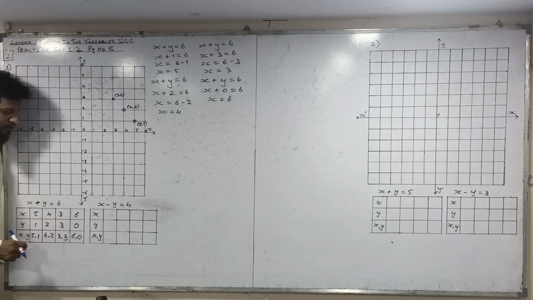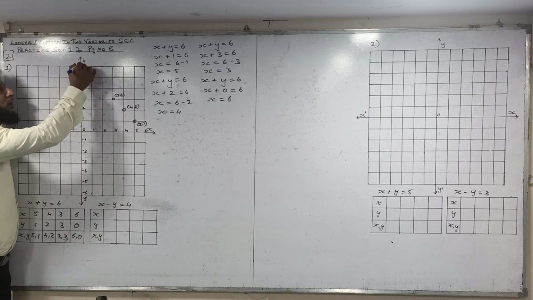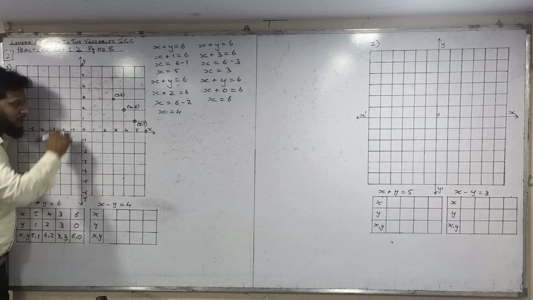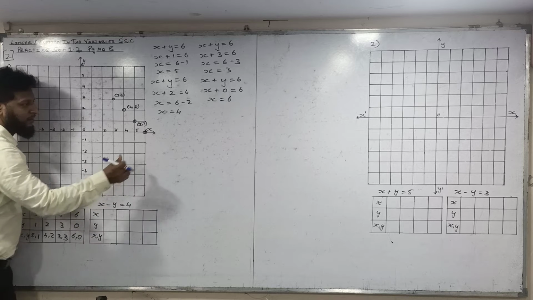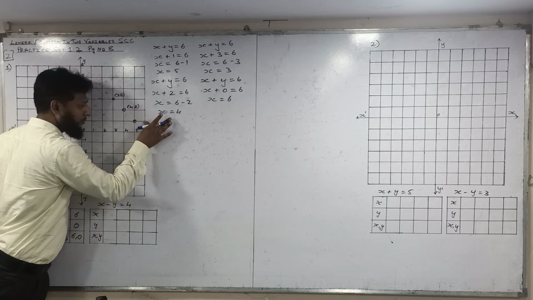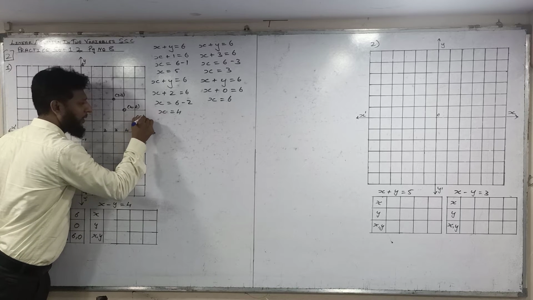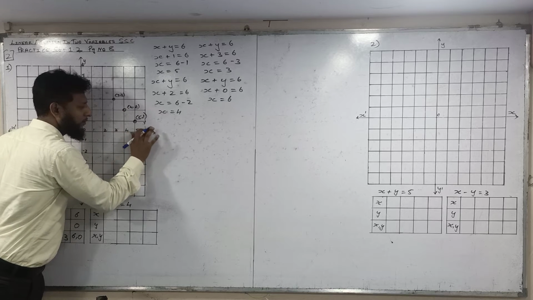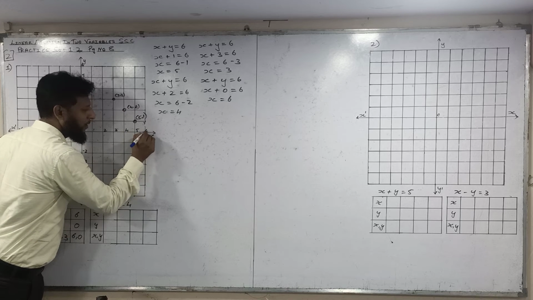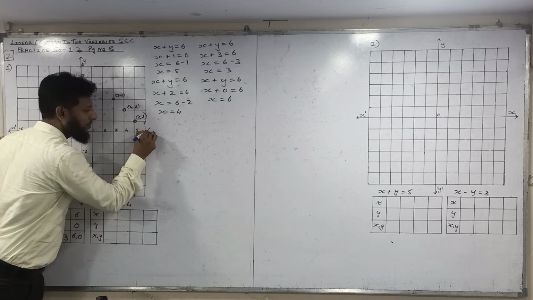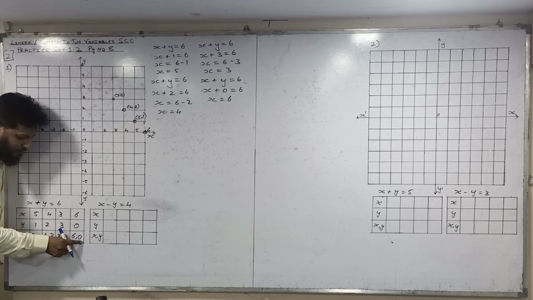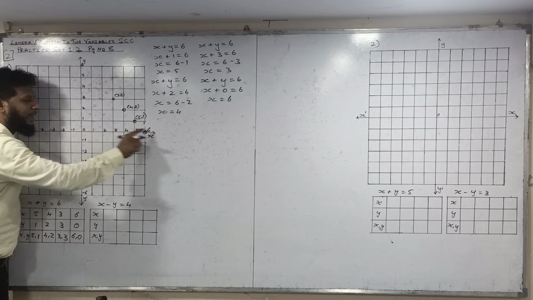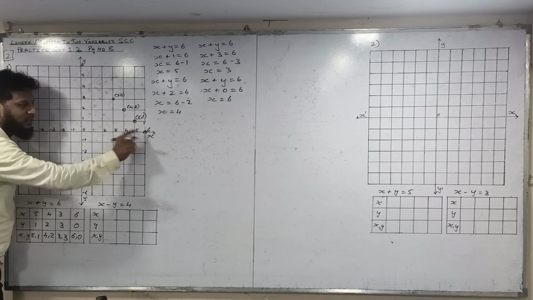If y value is 0, directly plot the point on the x axis, that is 6. Remember this: if y value is 0, then x value is 6, and you directly plot the point on the x axis at 6.